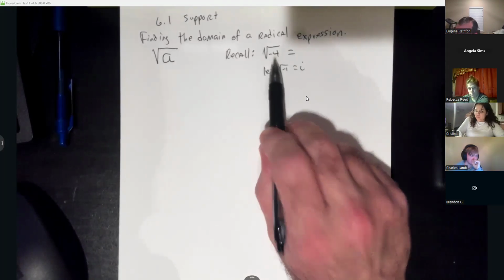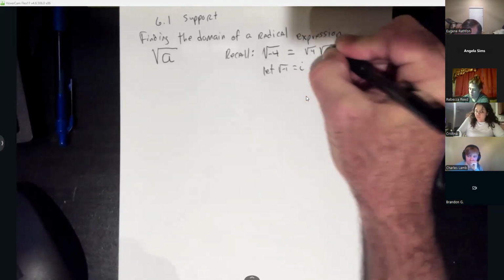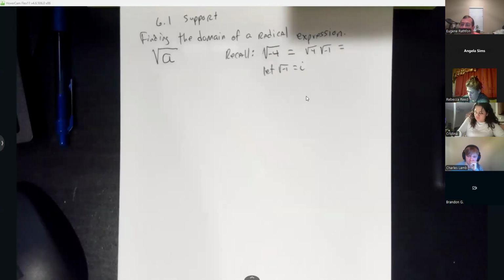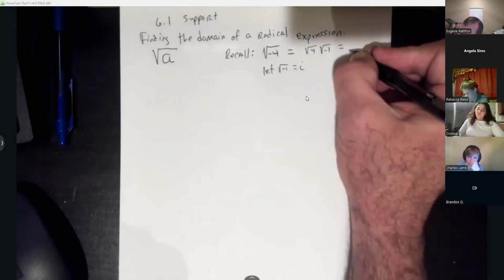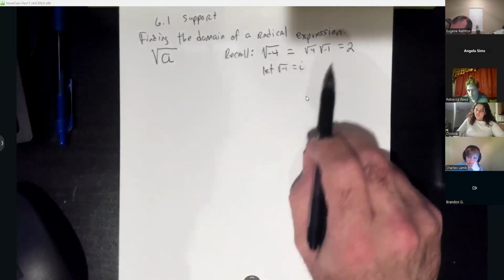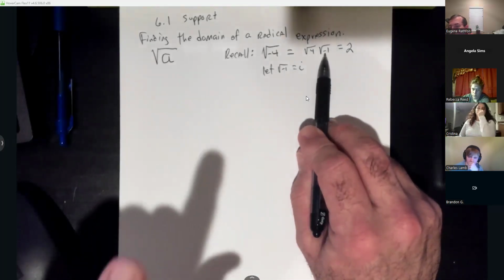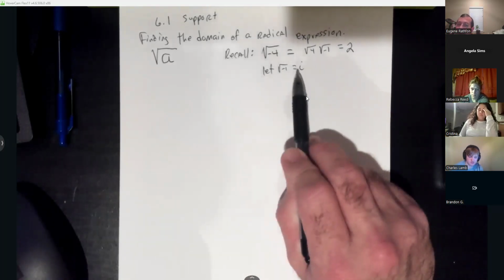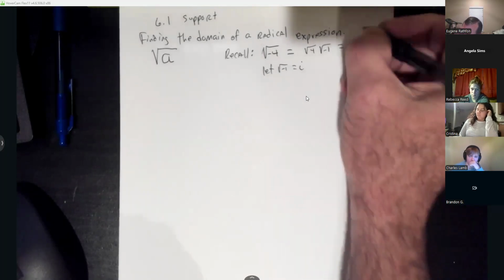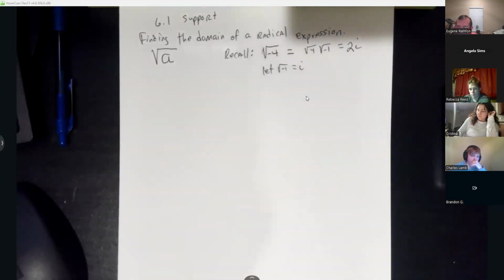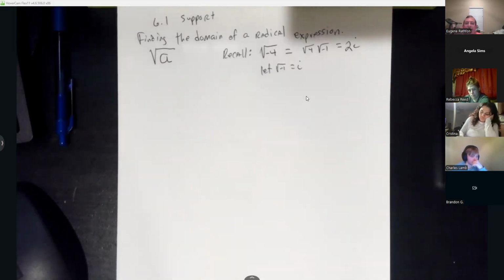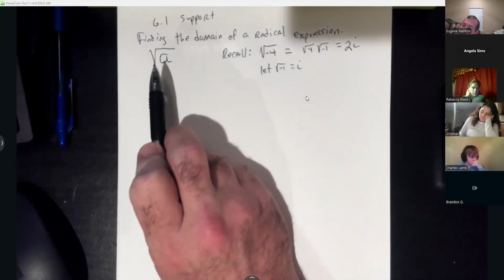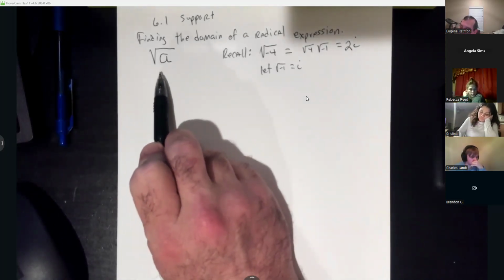So then what they did to this square root of negative 4, they separated that into factors of 4 and negative 1. That way now we can actually take the square root of 4, right? Square root of 4 would give me 2. But now I cannot take the square root of negative 1, but we're going to replace that with the i so that we get 2i. So square roots of negative numbers end up as imaginary, okay? So that's why under this radical, it cannot be negative when I take that square root, okay?